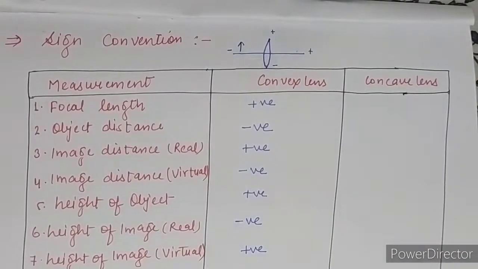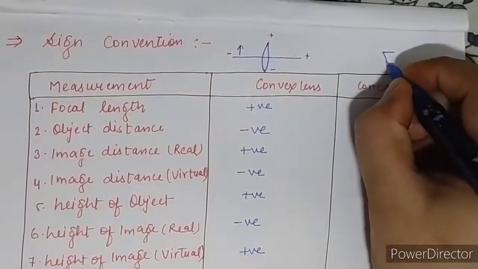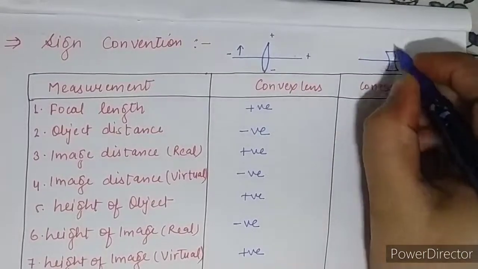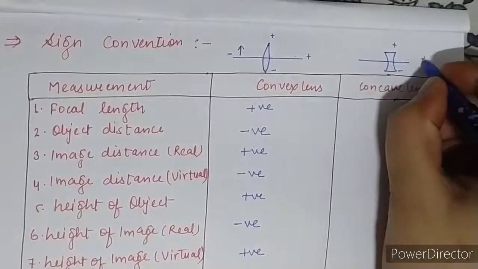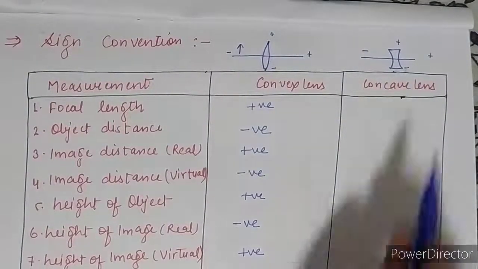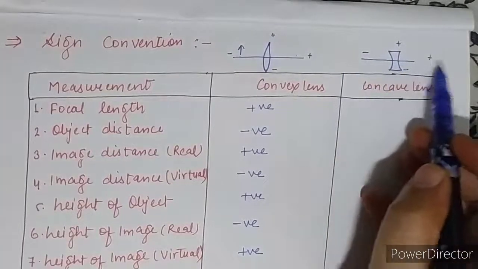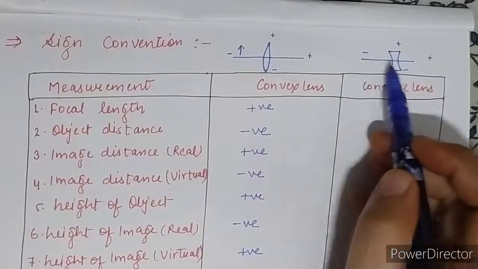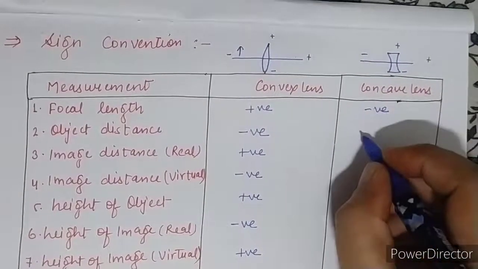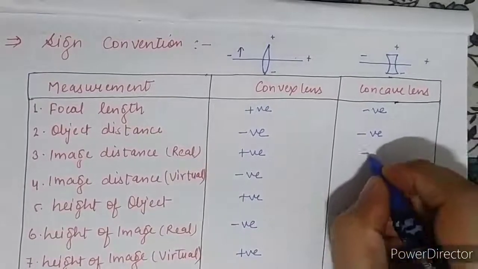Next, for the concave lens. If you remember, the concave lens is like this, beta. This is the principal axis, positive, negative, positive, negative. The focal length, all the diagrams have been made on this side only. This side we are not using at all. So here the focal length is negative, object distance is always negative, and real image is not formed in this.